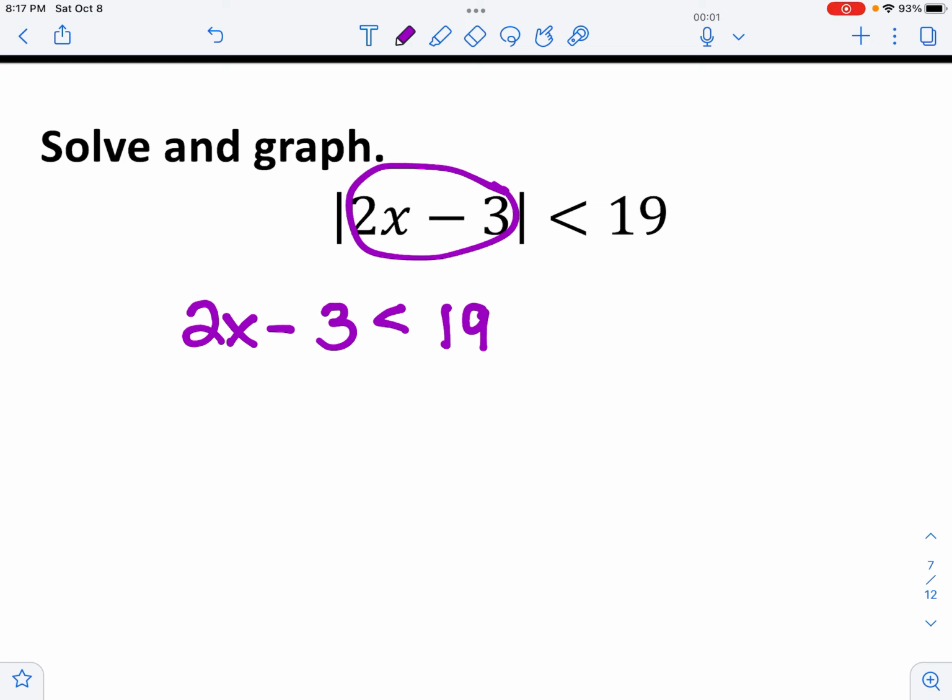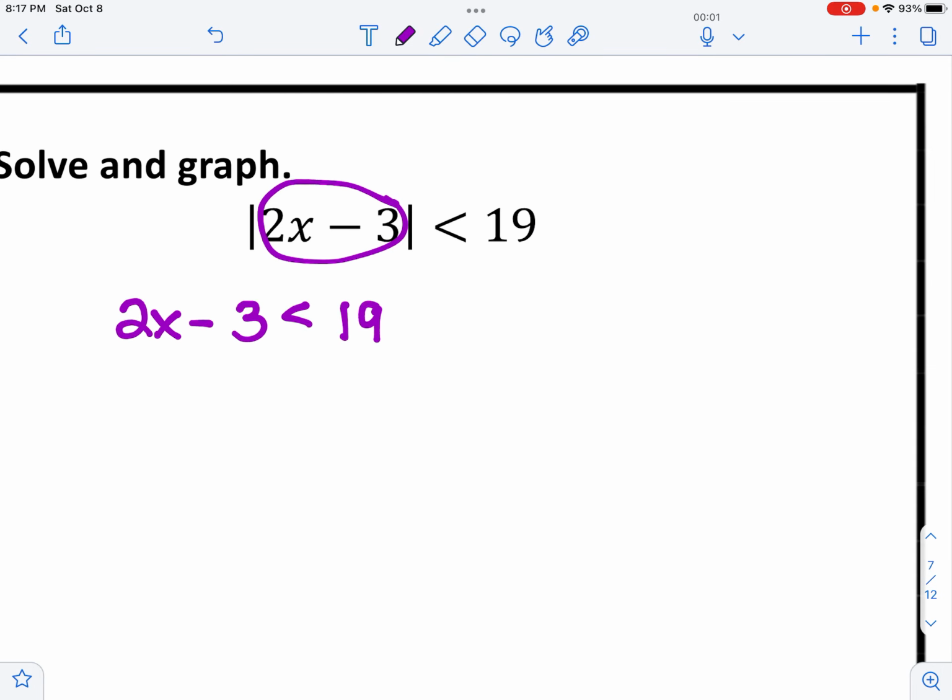So our other one is going to be 2x minus 3 has to be bigger. So notice this is going to have to be greater now than negative 19. That's so that we can still get 19 right here, right? So after we take the absolute value.